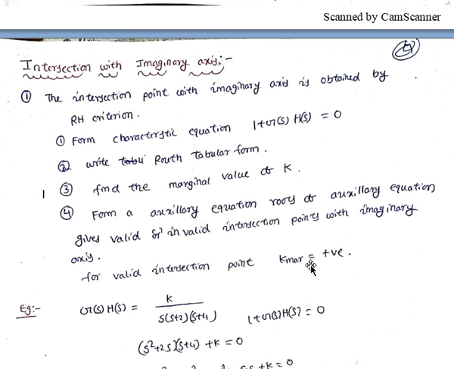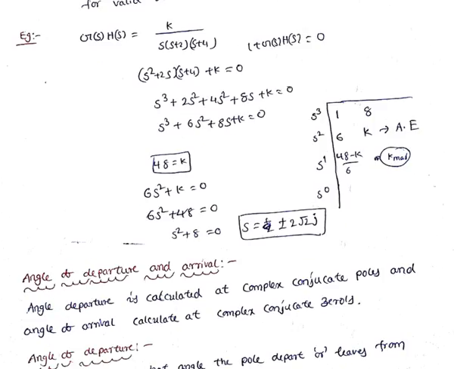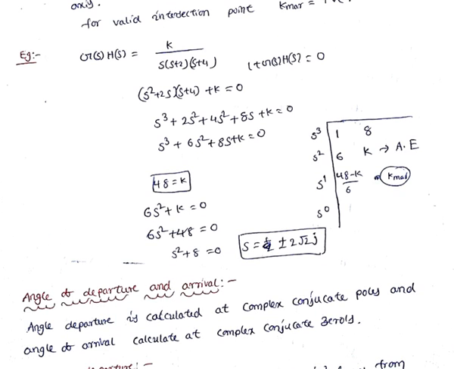Next, for example, I am taking one transfer function: G(s)H(s) equal to K by s(s+2)(s+4). First we form the characteristic equation, 1 plus G(s)H(s) equal to 0.